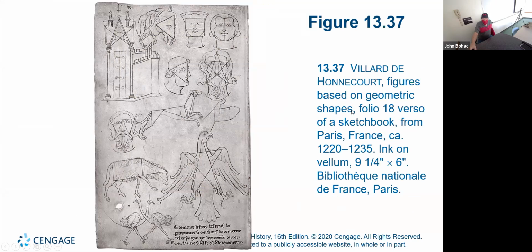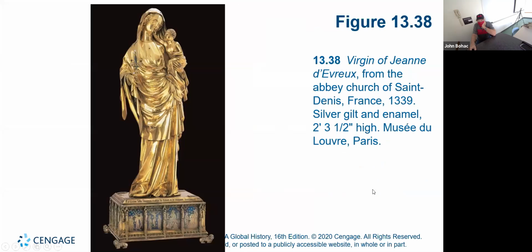Figures based on geometric shapes. This is kind of proto-Renaissance, but bottom line of this is, and we don't really know, but we still teach people how to draw like this. See the geometry in just about anything.